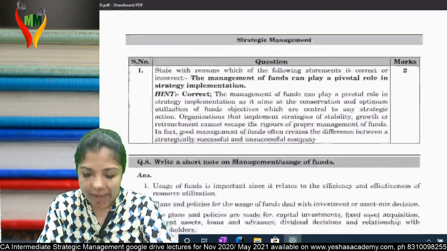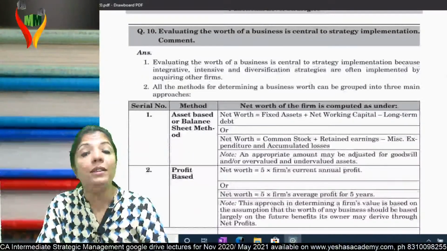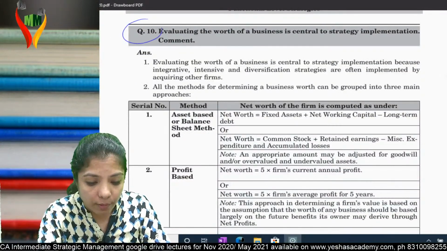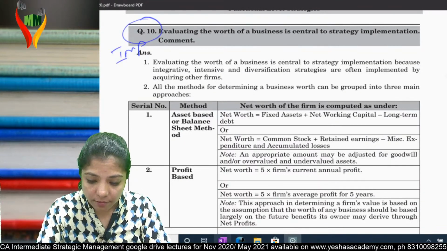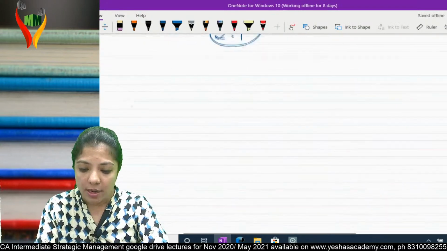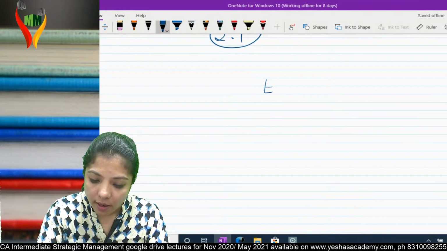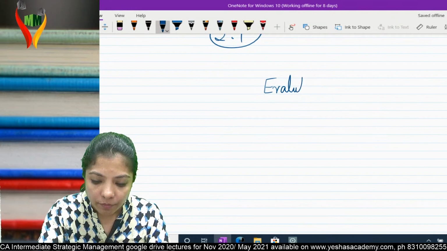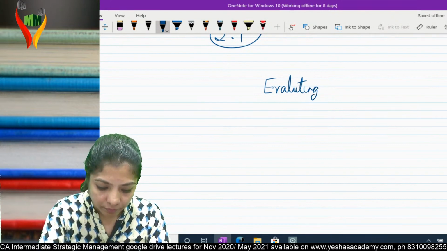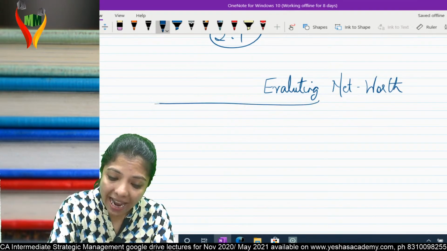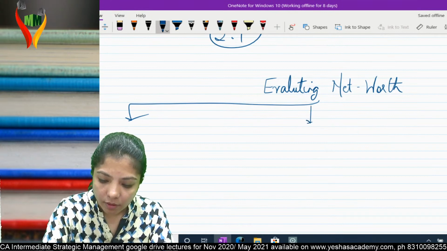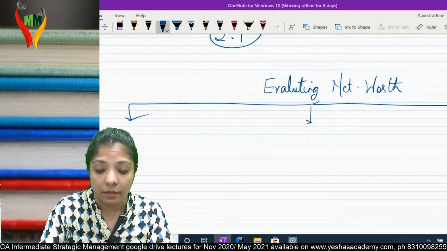Okay. So 8th and 9th you can skip. Come to the 10th one and mark it important: evaluating the net worth of the business. Question number 10. Primarily they have given us three methods.